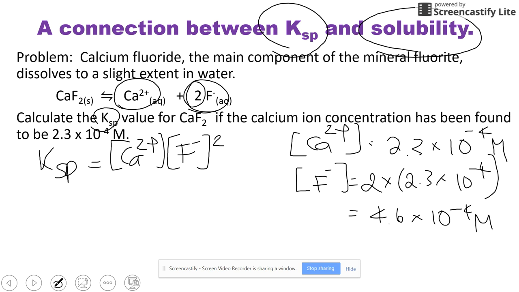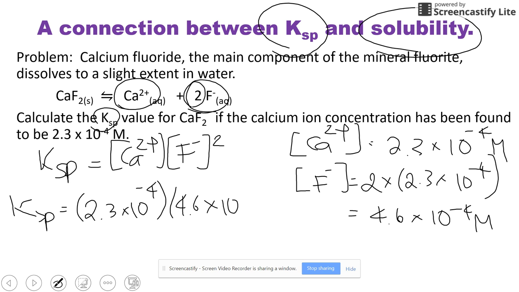Plug in the values: the Ksp will be equal to 2.3 times 10 to the -4 multiplied by 4.6 times 10 to the -4 squared. This gives you a Ksp equal to 4.9 times 10 to the -11, and it doesn't have a unit. That's how you find the Ksp.